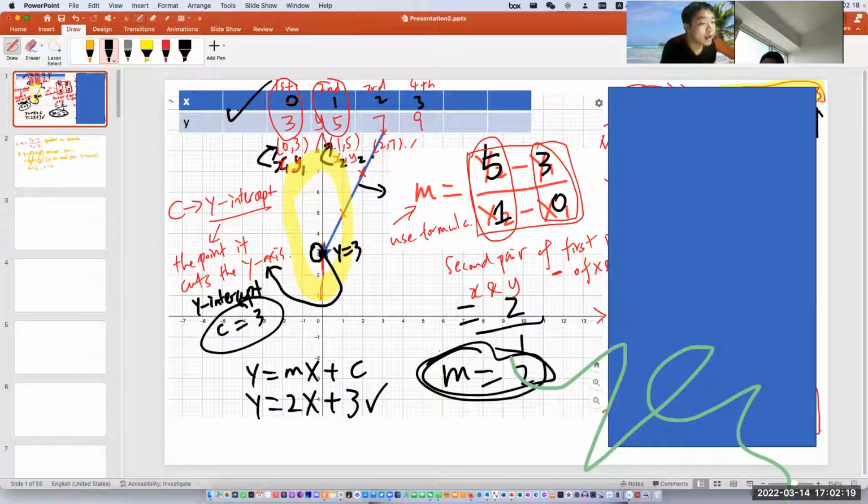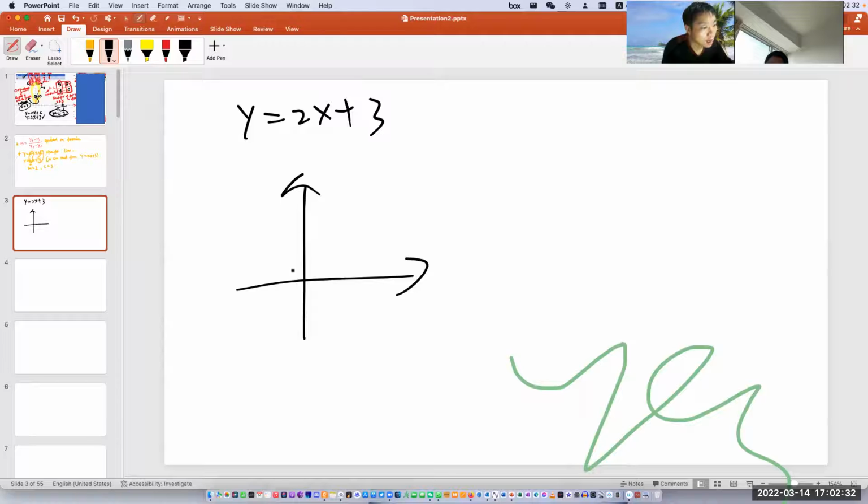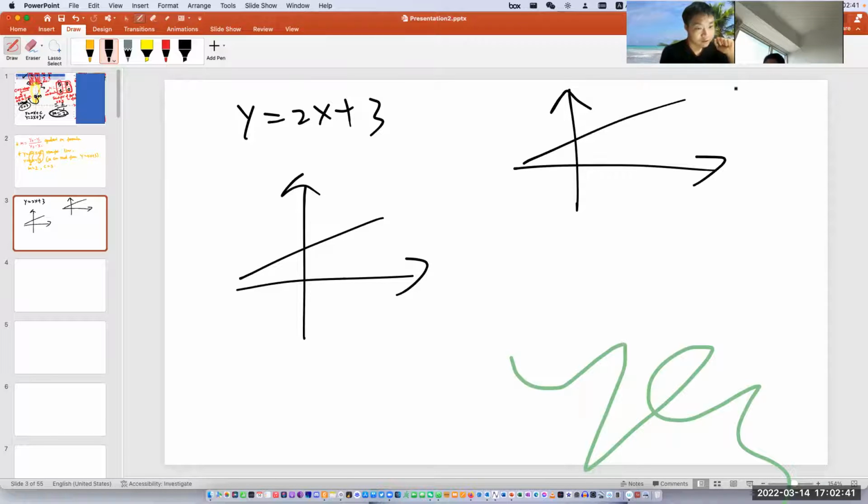So this way of doing things is, you are given the equation at the start of the lesson, I draw things out. Now, what I'm trying to say is you are given the graph, you also can get the equation. Are you clear?